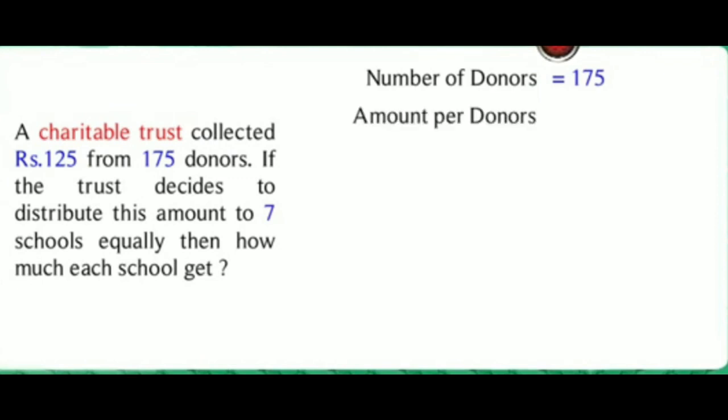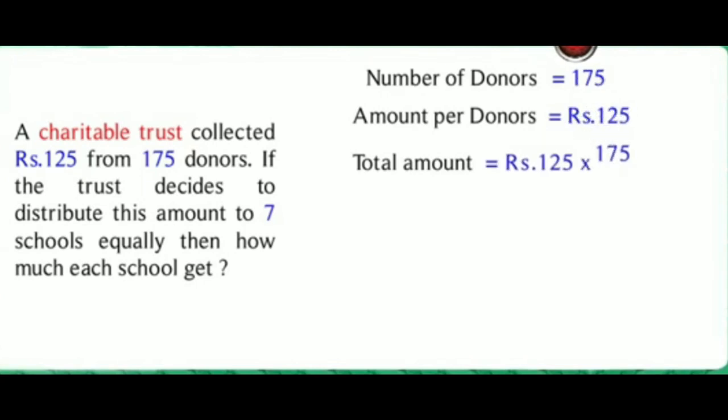Amount each donor pays, that is rupees 125. Therefore, total amount collected from 175 donors is rupees 125 multiplied by 175, which is equal to 21,875.